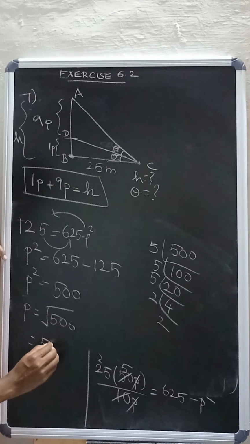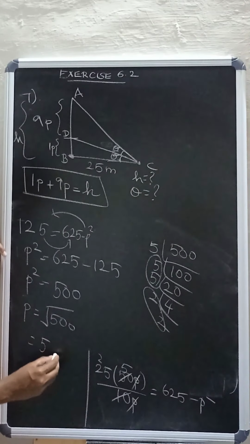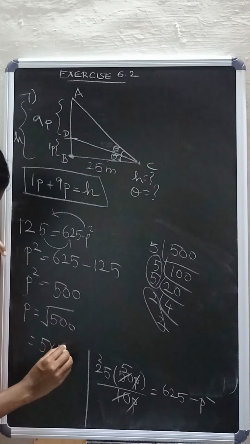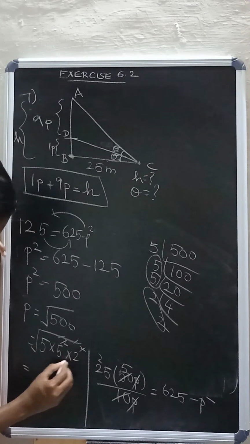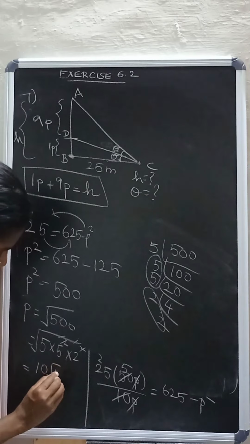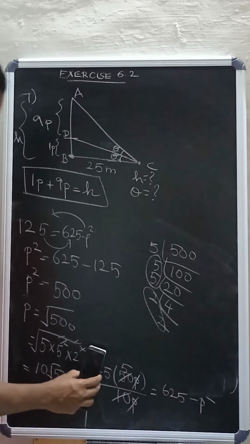So which is equal to 5 and 2. 5 square into 2 square, the whole root. This square and root get cancelled, so 5 2s are 10. 10 root 5. So the value of p is 10 root 5.